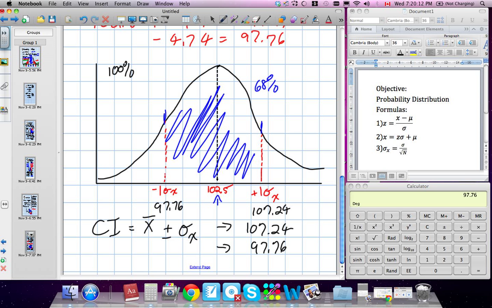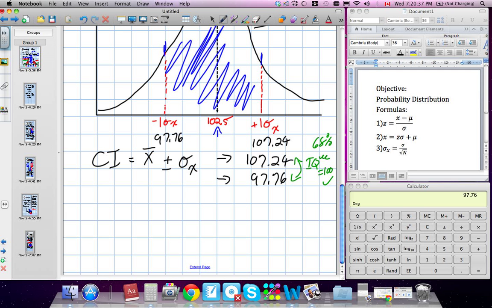We know that it's between 107.24 and 97.76. So our two limits were a top of 107.24 and a bottom of 97.76. What this was saying was we are 68% sure, because remember, this is also essentially our deviation, that the true mean of the population falls between these numbers.